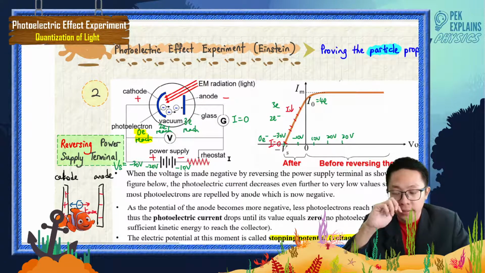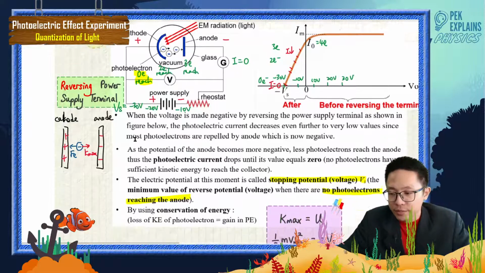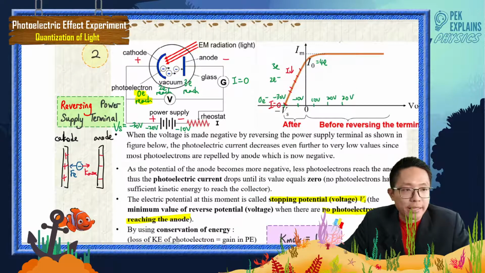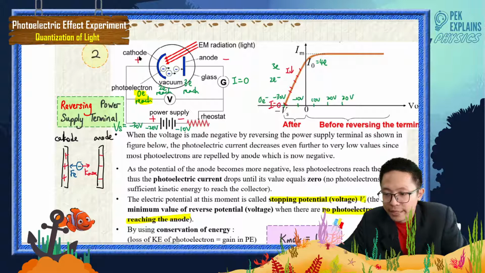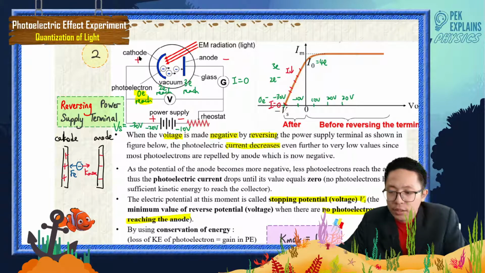Okay, let us read again. When the voltage is made negative by reversing the power supply terminals, the current will decrease even further to very low values because most electrons are being repelled by the anode, which is now negative.